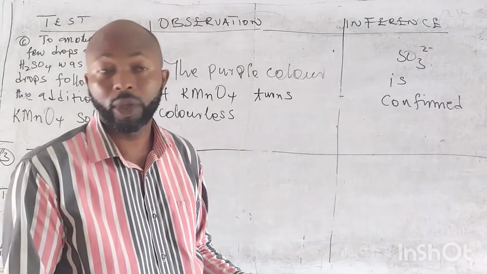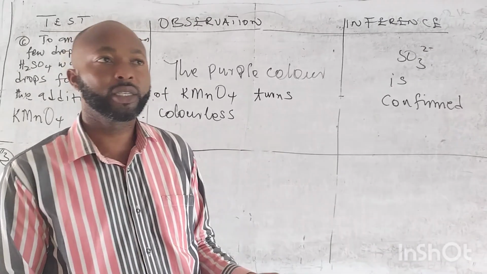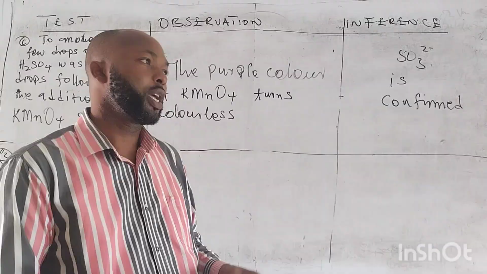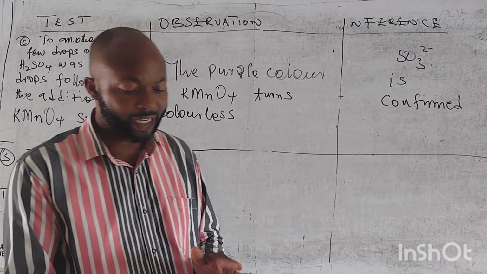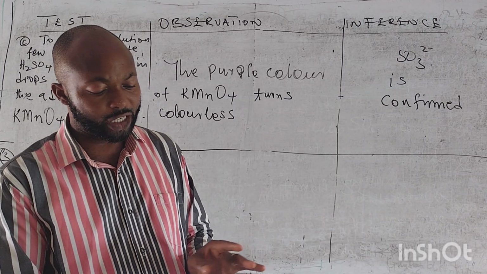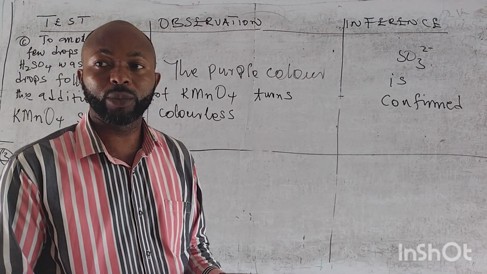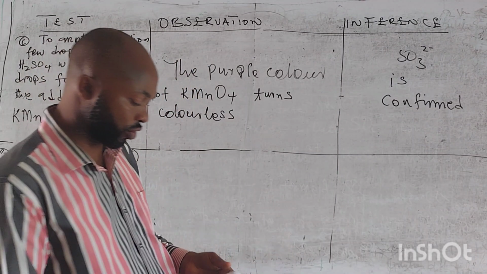You get a white gelatinous precipitate. In the inference, we have a whole lot of them, SO4, CO3, and so on. Then you proceed further. Do not stop there. You proceed by adding excess dilute HCl. When you do that, the precipitate is insoluble, so SO4 is confirmed. So you should know these things offhand.